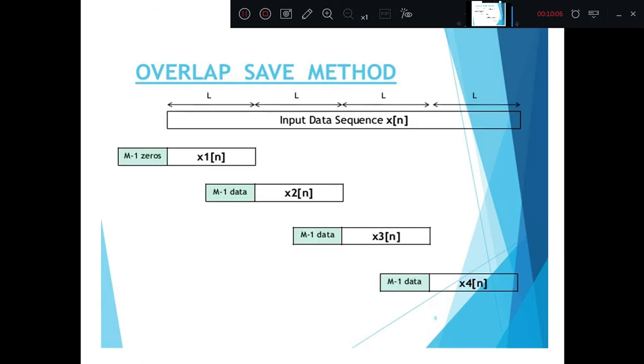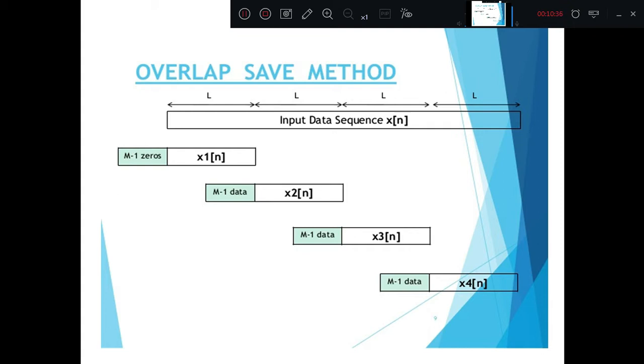So here you can observe, you will understand clearly. This is my input data sequence x of n, and we have to divide this input data sequence into a number of blocks: x1 of n, x2 of n, x3 of n and x4 of n. In each block, the length should be equal to the size of the DFT.